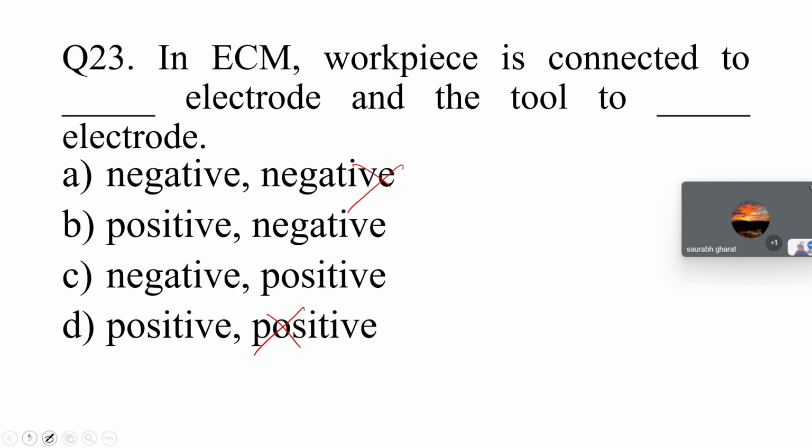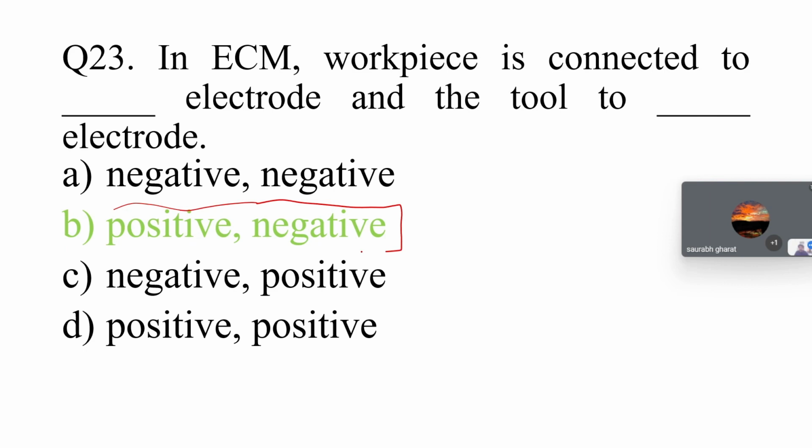We'll see the answer. So it is positive to the workpiece and negative to the electrode. Actually material is moving from positive to negative, and the current is going from negative to positive. The material will go from positive to negative, so to get more material, you connect it here.